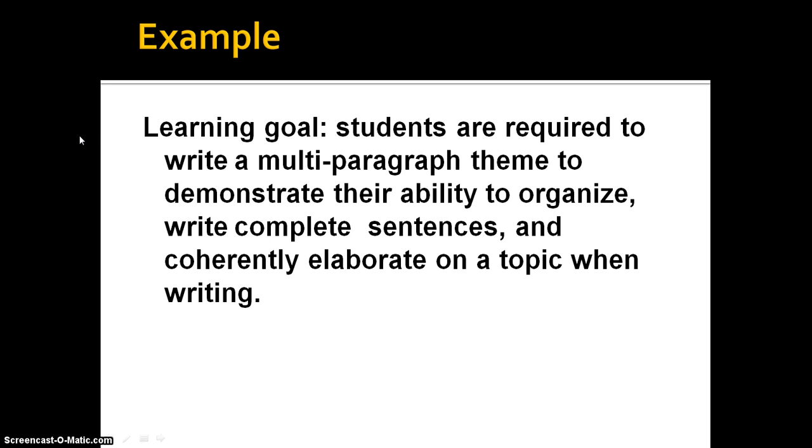Students are required to write a multi-paragraph theme to demonstrate their ability to organize, write complete sentences, and coherently elaborate on a topic when writing.